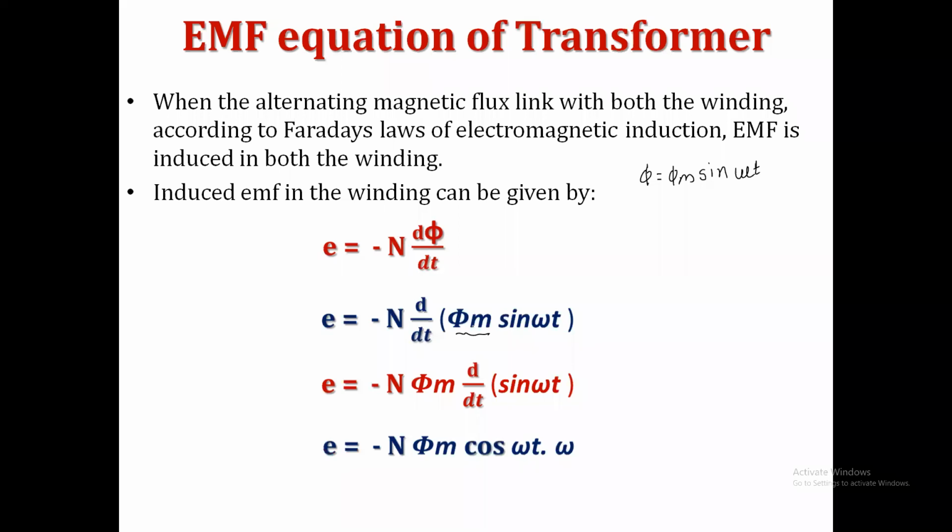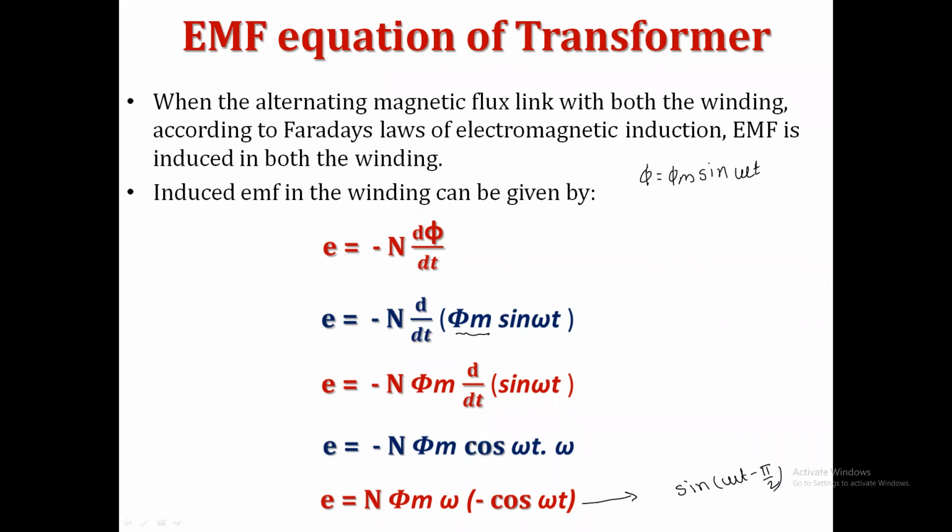Get it, my point? And now I can write it like this also. This minus sign I just consider for the minus cos omega t, and this N phi m omega I just take outside. A little bit of rearrangement. And this minus cos omega t, if I want to write it in terms of sine, then I can write sine omega t minus pi by 2.